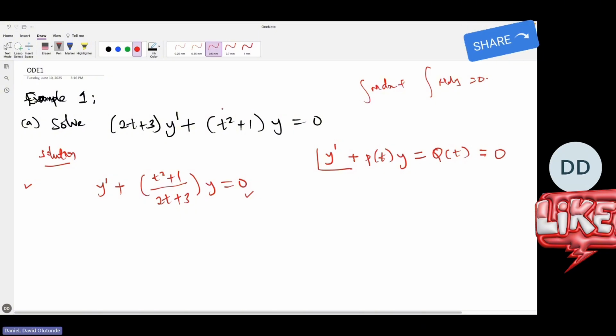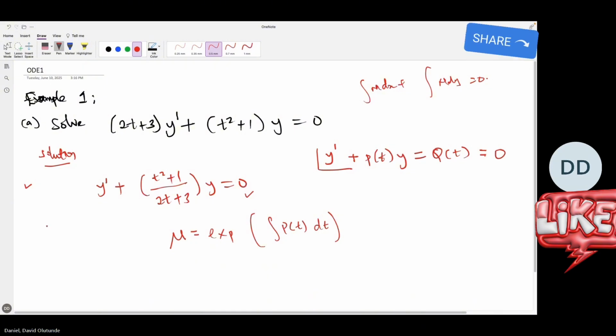Okay. So if you remember, your integrating factor was written as mu equals exponential of the integral of p of t dt. Is that right? Yes. This is your integrating factor.